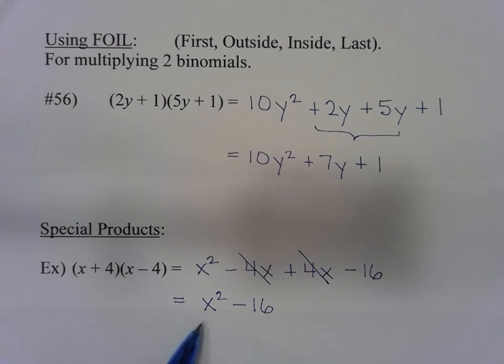This is important to kind of recognize because in the next video we're going to be talking about factoring, and we're going to see a difference of two perfect squares, and we're going to factor it back into a sum and a difference. So this is us kind of looking at this pattern in the forward direction, and in the next video we'll look at it in the reverse.